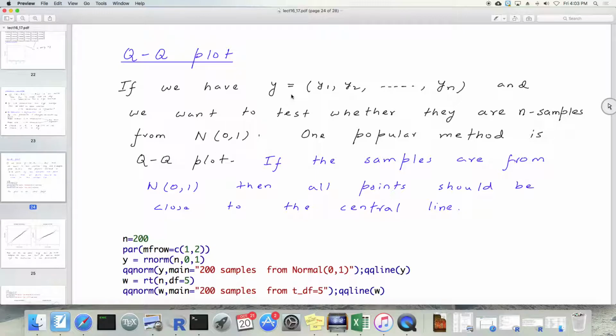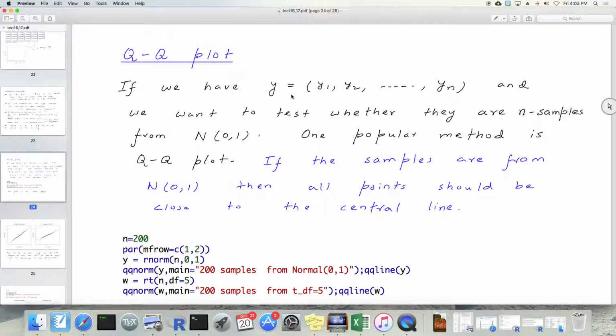These are just some y's. We want to test whether y1 through yn are IID from normal 0, 1 or not. We know about normal 0, 1, the standard normal. We want to know whether y1 through yn follow standard normal or not.